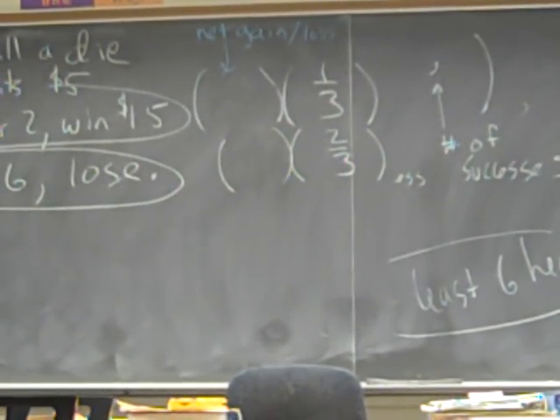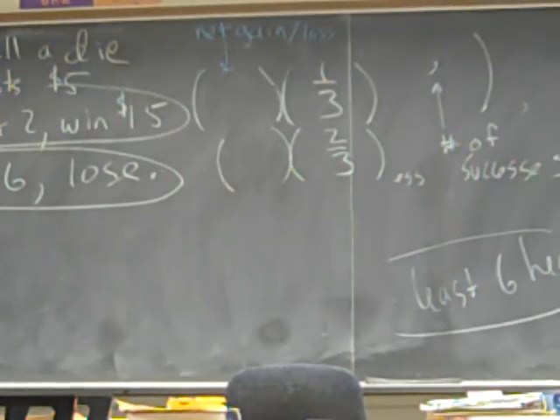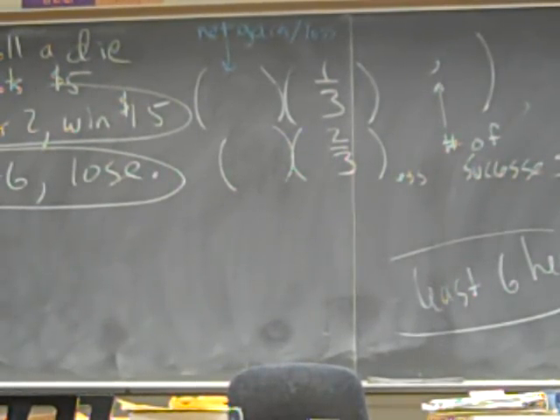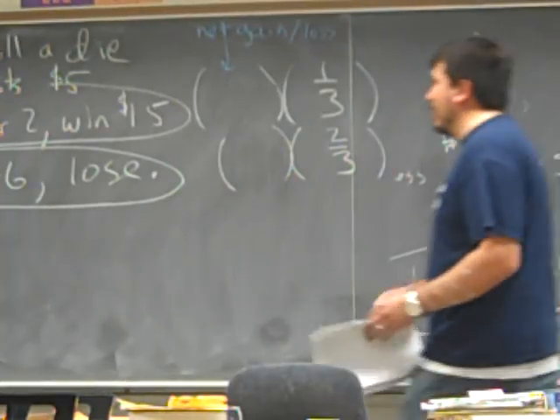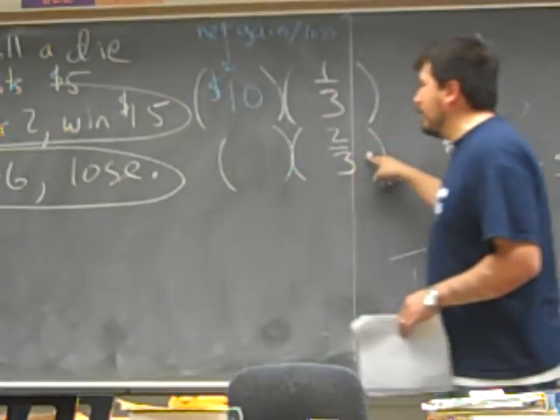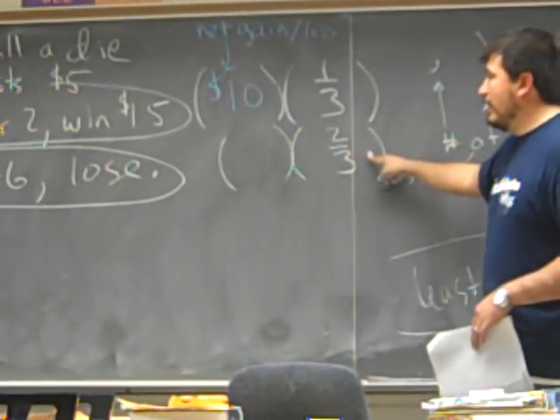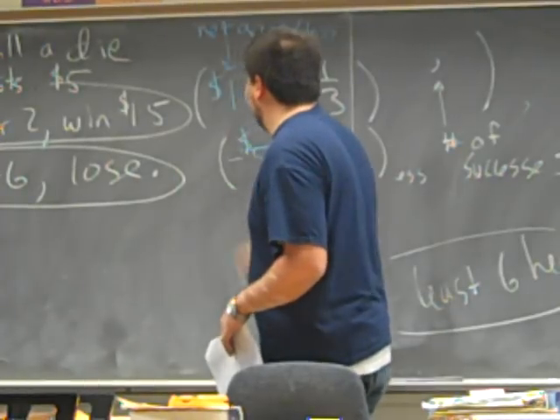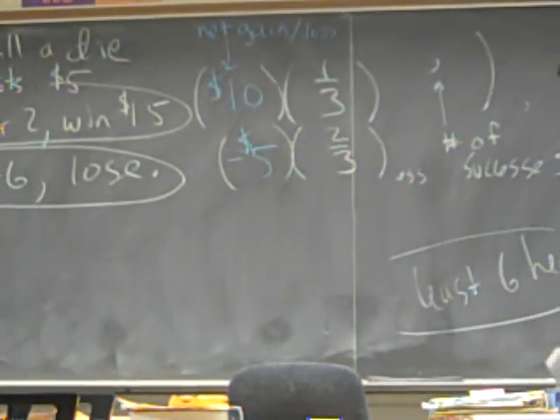Okay, so let's recalculate. If you win, how much money do you actually win or earn? $10, because it costs you $5 to actually play. And now, if you lose, which happens 2/3 of the time, you lose $5. Does that make sense? So what's the expected value?